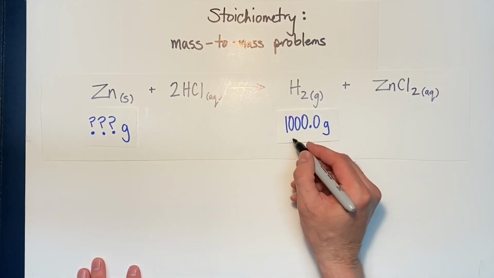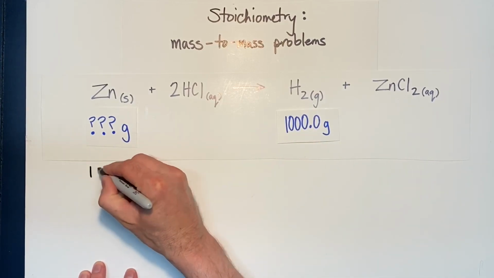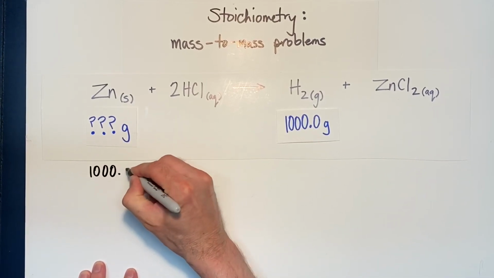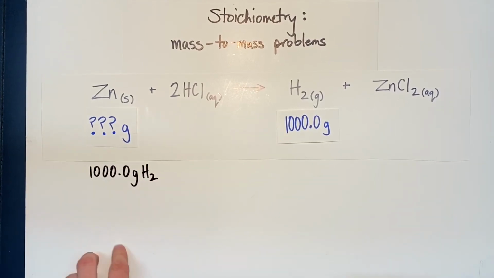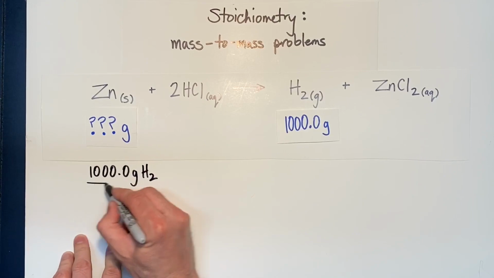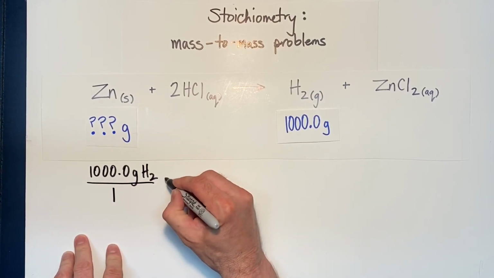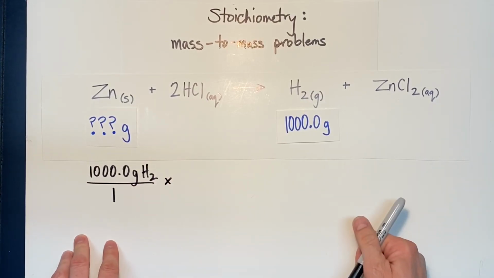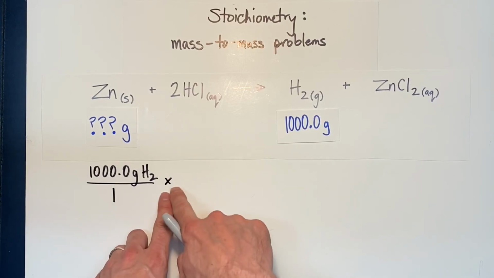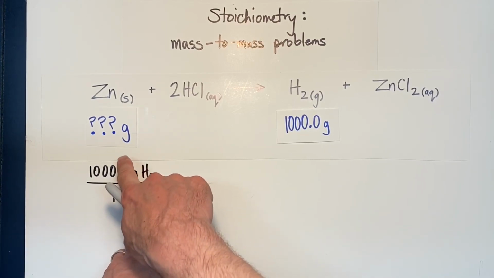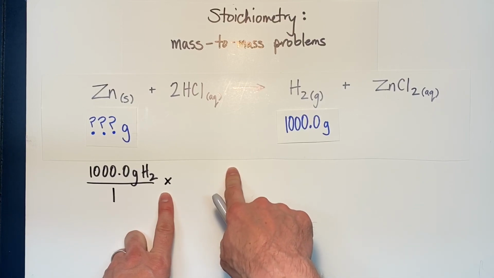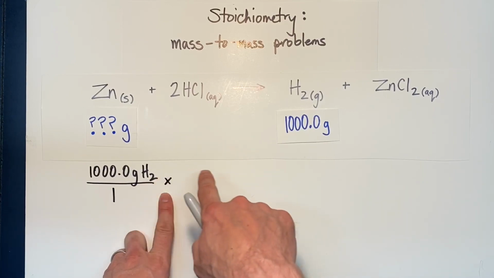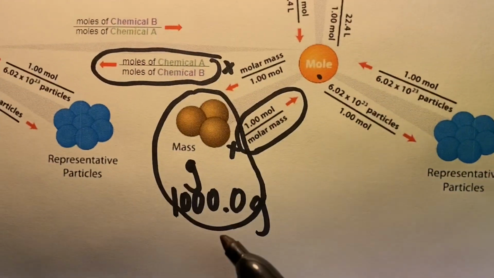I'm going to start with what is given, 1,000.0 grams of hydrogen gas. And I'm going to make that a fraction by writing it over 1. Now I need to multiply 1,000.0 grams times a conversion ratio that's going to allow me to change grams to moles, and that is this conversion ratio right here.